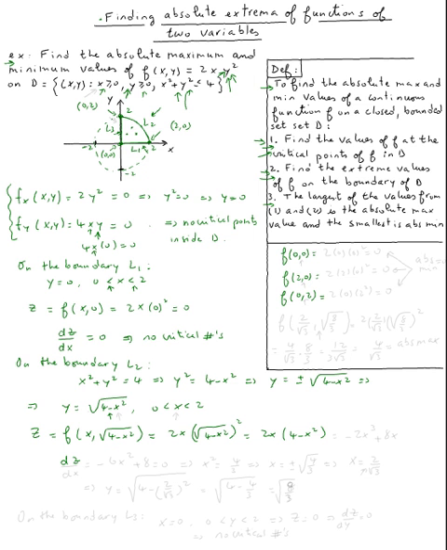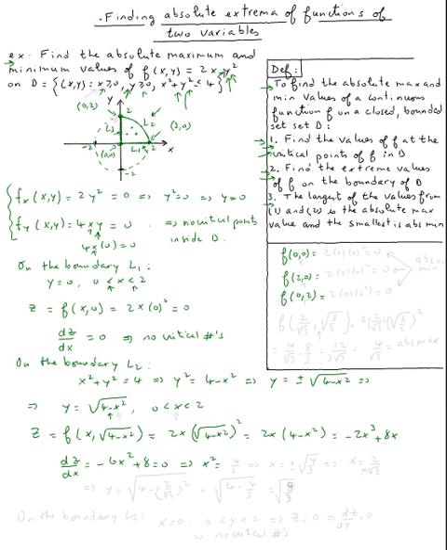Alright, so now dz/dx should be equal to, well, let's FOIL this one. That would be minus 2x cubed plus 8x. So dz/dx will be minus 6x squared plus 8. We set it equal to 0 to find the critical number.